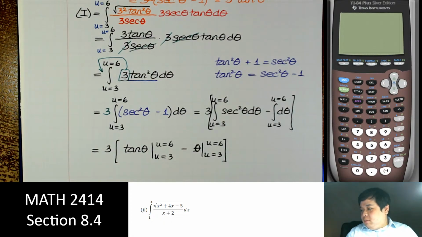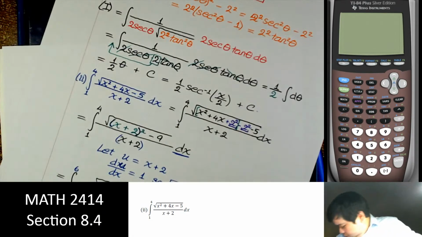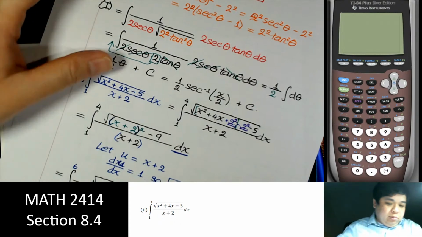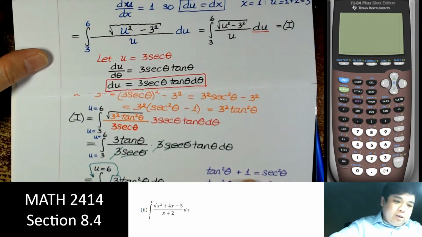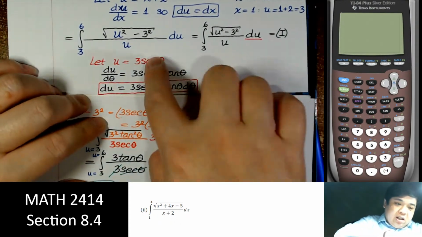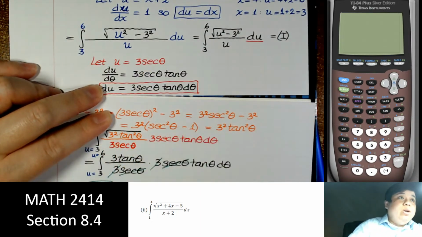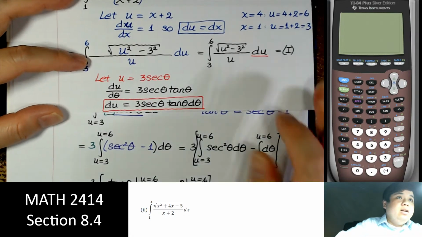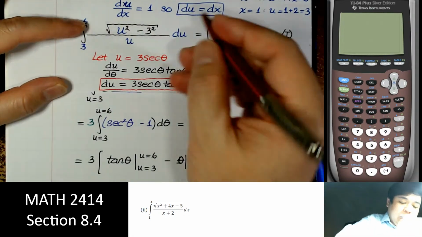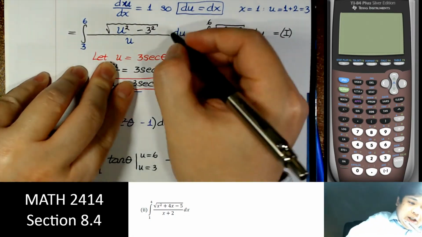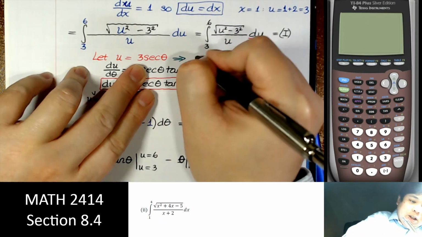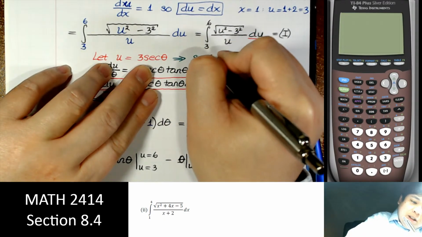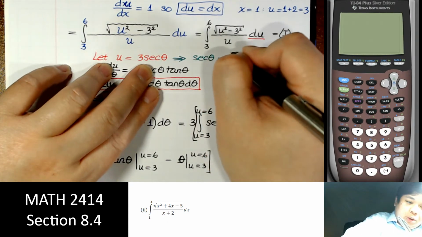So go back to the problem. We did let u equal to 3 secant theta, right? So from here we can solve for secant theta equal to u over 3.